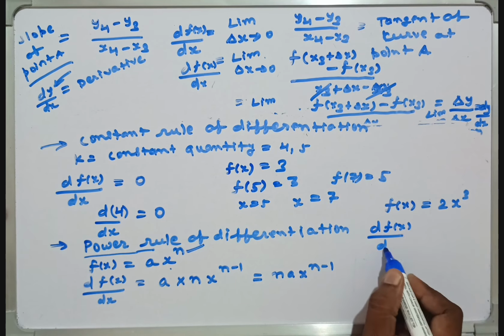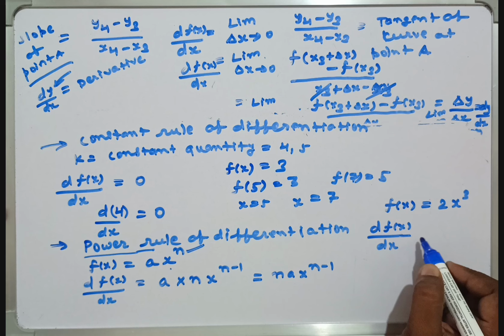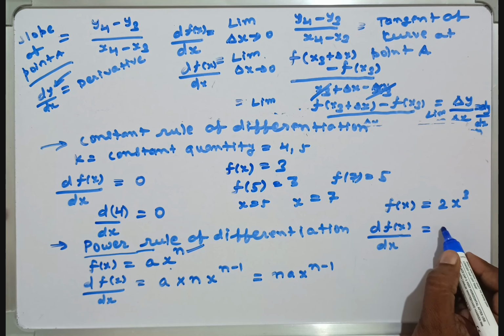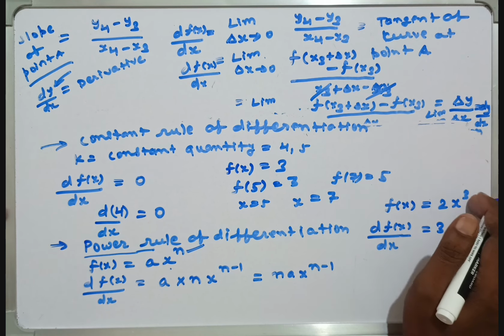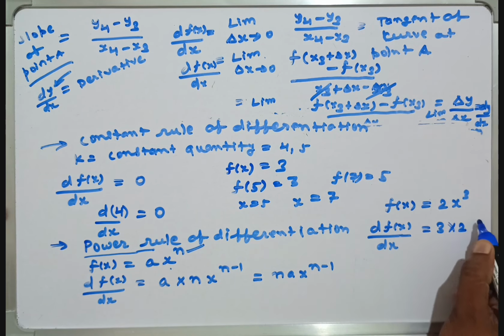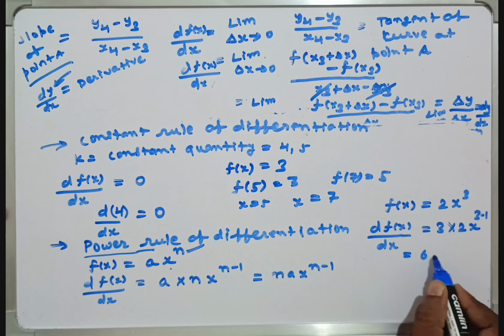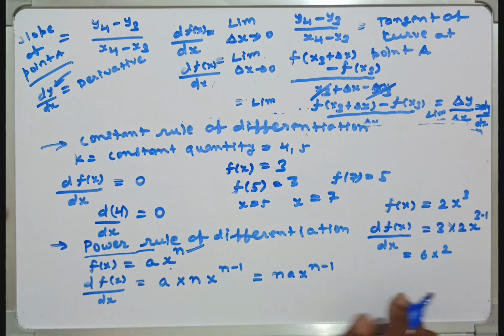We can write the derivative of f(x) with respect to x equals 3, meaning the power of x is 3, so 3 into 2, then x to the power 3 minus 1, so finally you can write 6x squared. So this is the derivative of this function.